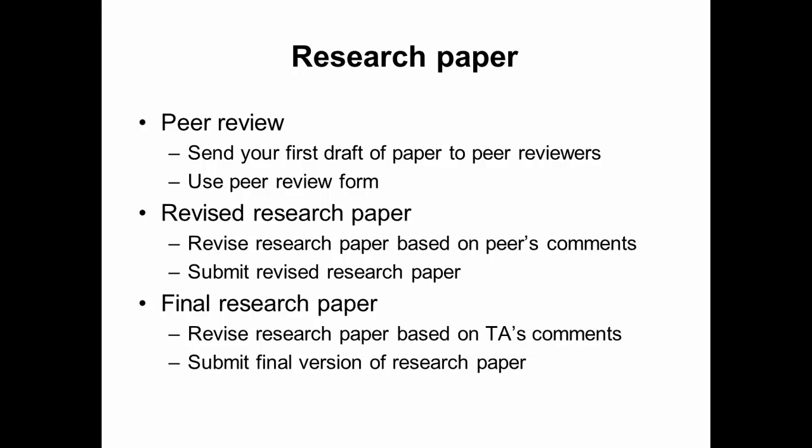The TA will review your papers, grade them, and give you comments. Once you get comments back from the TAs, you do the second revision of your papers based on the TAs' comments, and then submit the final version of the papers. Is that clear?